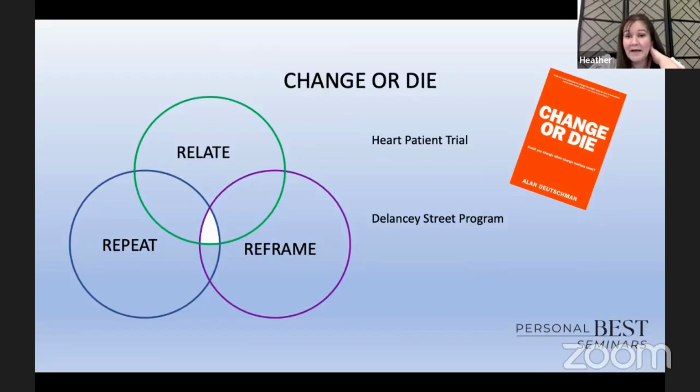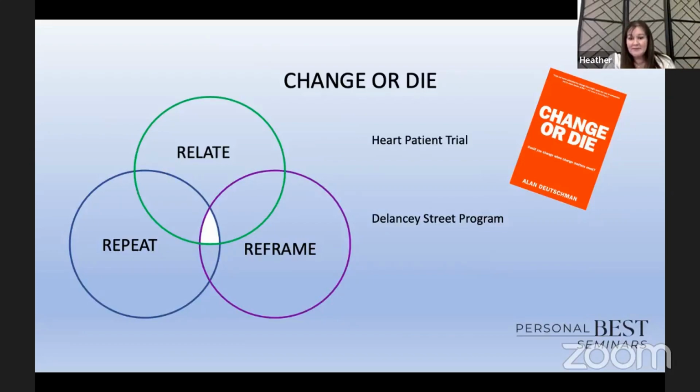And then they also had this idea of reframe, where they worked with the people in the community, and they created this support group for them, where the community got to say to them, we know who you are, we know where you came from, and we know that's not you anymore. So they could reframe their belief system around who they were, so they actually could create some success as law-abiding citizens.